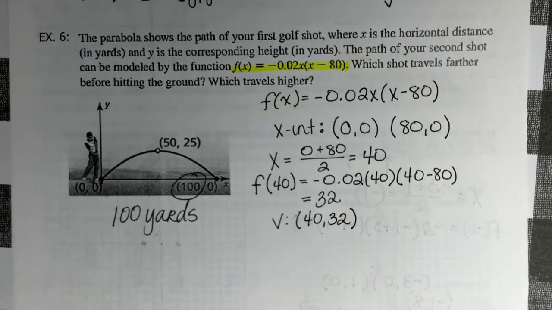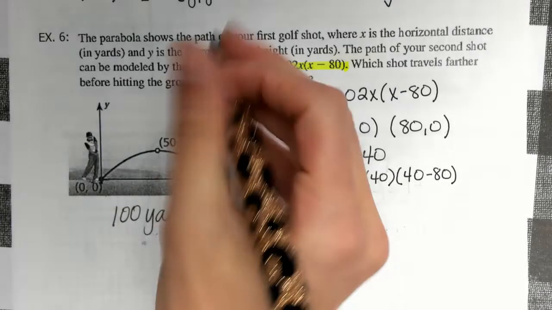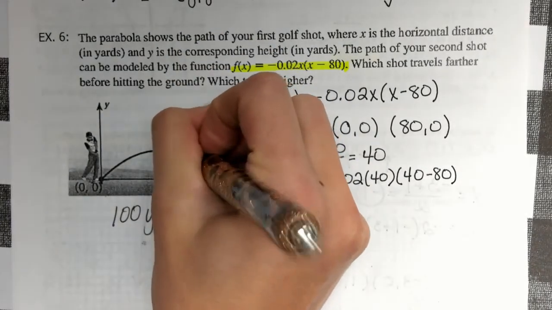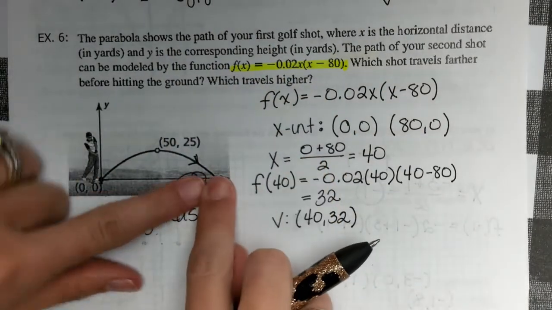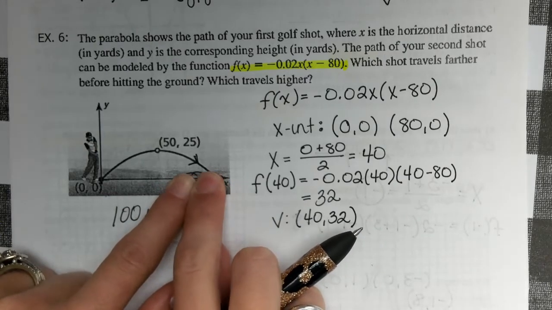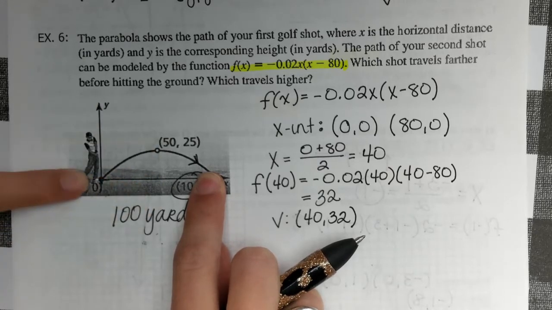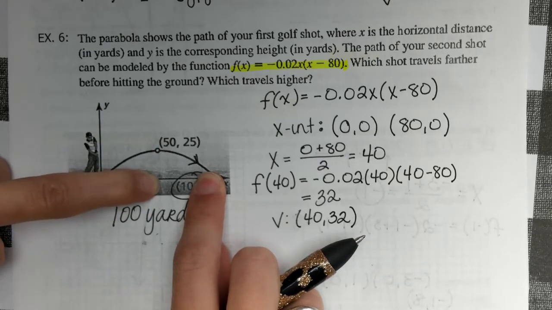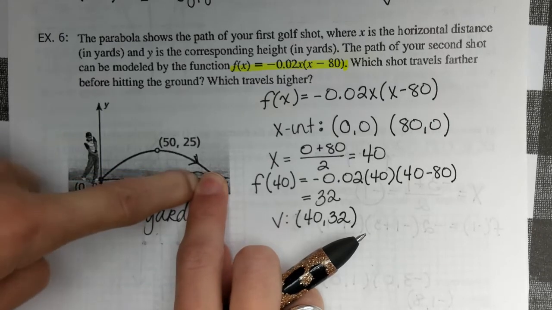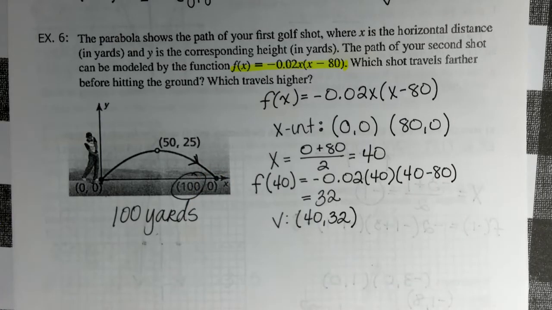Remember that your vertex is halfway through. So if I just drew an arrow here and I never gave you this information, how could you figure out how far it is? You have to know your vertex is in the middle. So if it traveled 50 to get to the middle, then it's going to travel another 50 to be at the ground.